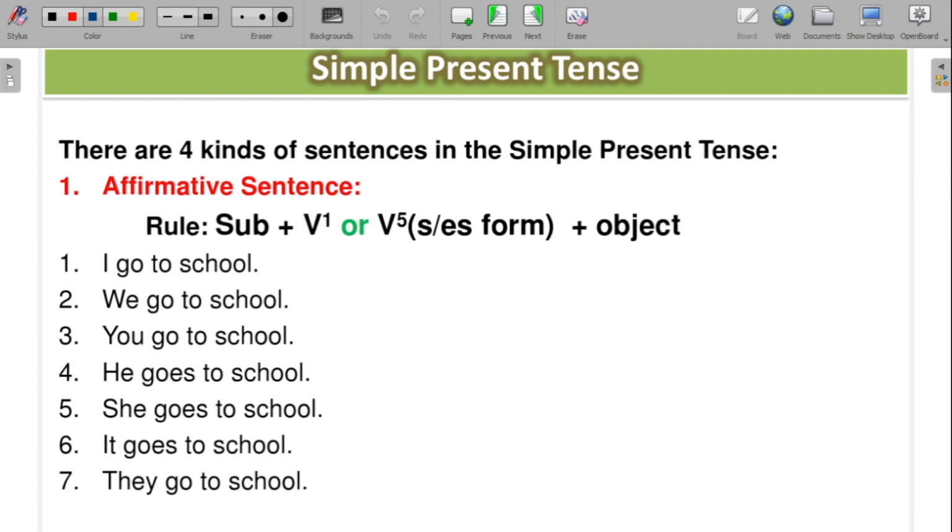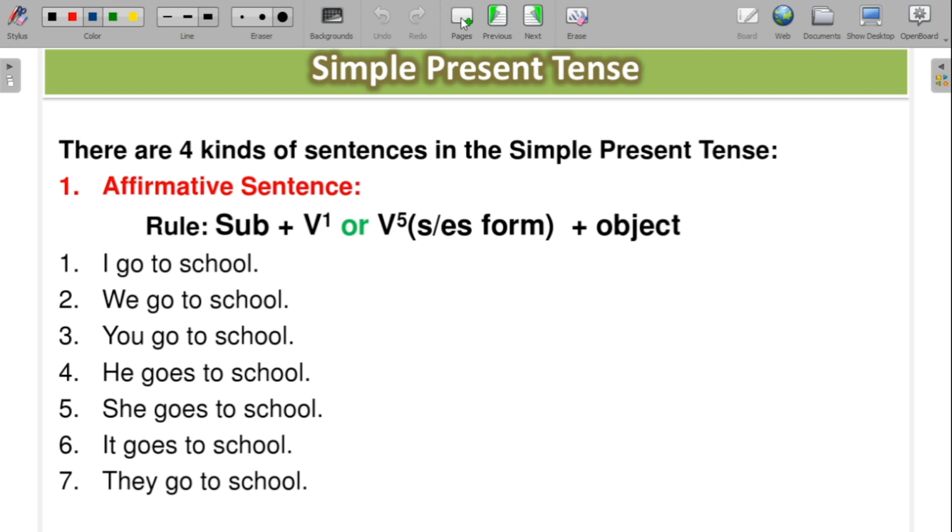Now, let's see the simple present tense. This tense is subdivided, or I can say the simple present is again divided into four kinds or four types. Let me quickly write here.